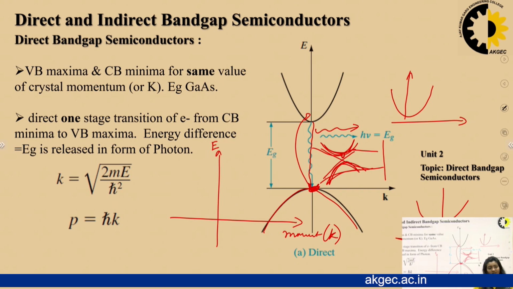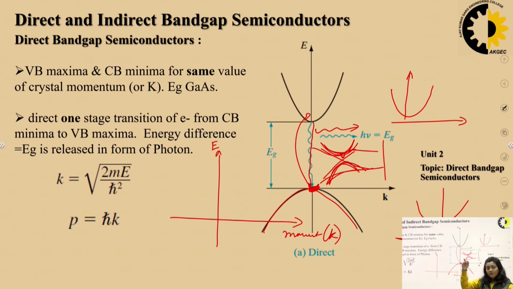This is the principle we use in lasers also, like the population inversion concept, where too many electrons accumulate at a higher energy level, and as the energy decreases they move to the lower energy level, giving out energy in terms of light.